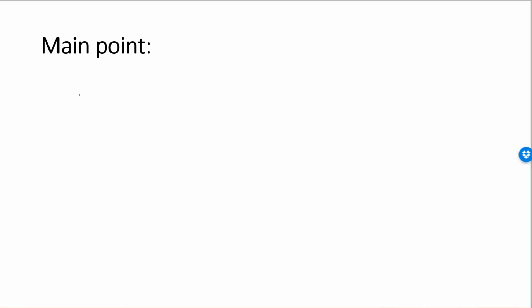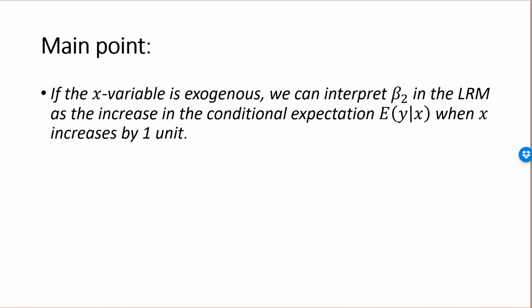If you have a linear regression model and you make the exogeneity assumption, it's really important that the x variable is exogenous. Well, in that case, you can interpret this beta 2 parameter in the linear regression model as the increase in conditional expectation when x increases by 1 unit.